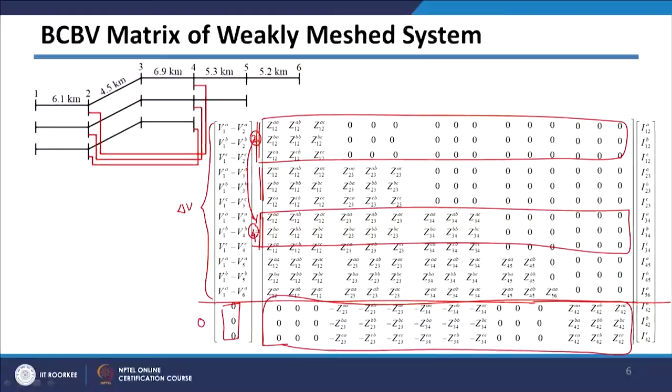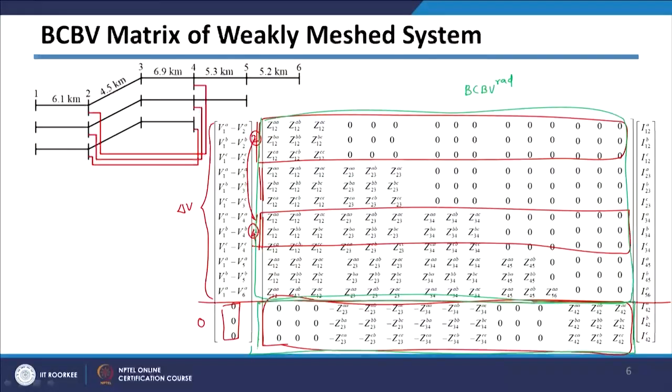So, in this case also this whole matrix I am dividing into two parts. This part we have seen that it is corresponding to radial. So, this will be called BCBV radial part, and this bottom part is corresponding to loop forming branches.